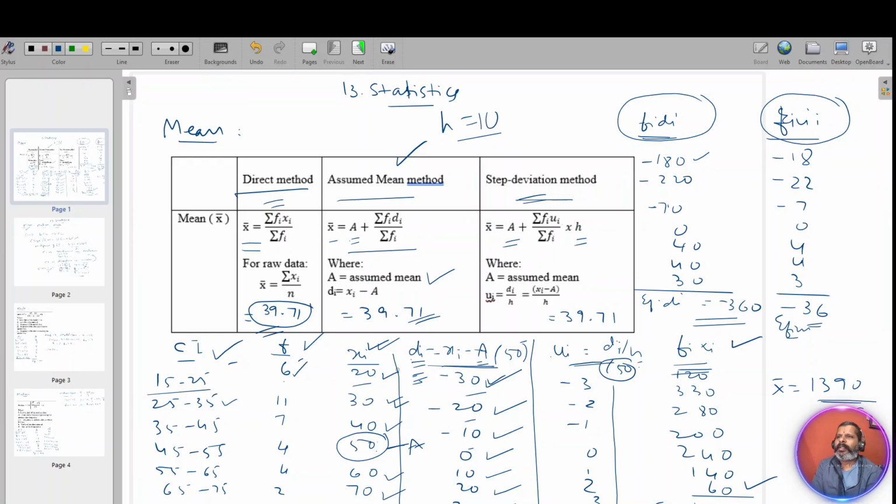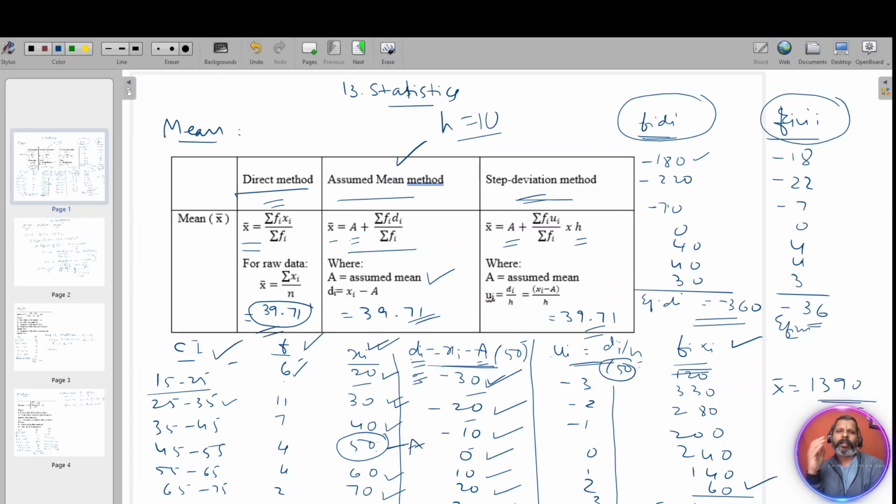Apply this formula: a plus sigma fi ui by sigma fi into h. So a is the assumed mean 50. 50 plus minus 36 by 35 into 10. You will get 39.71.